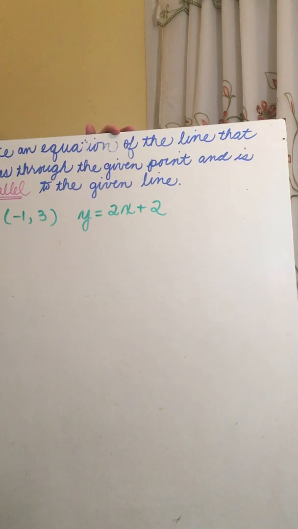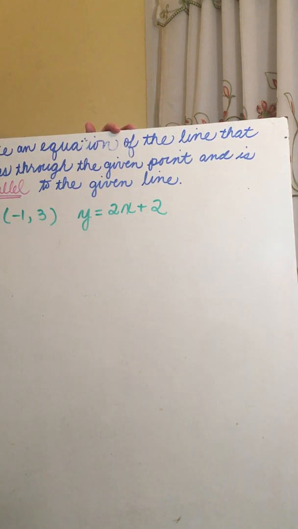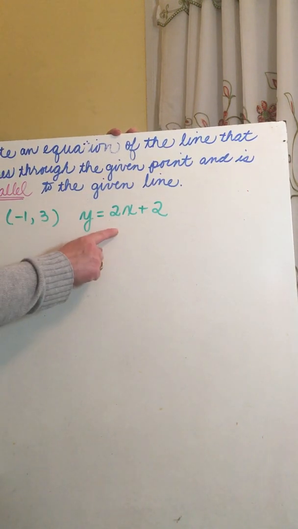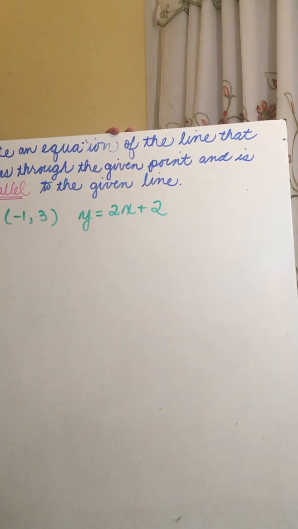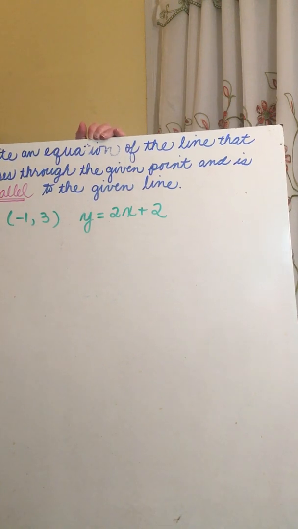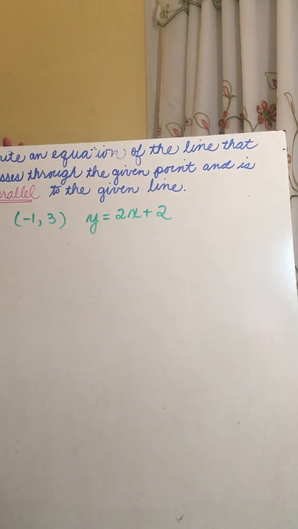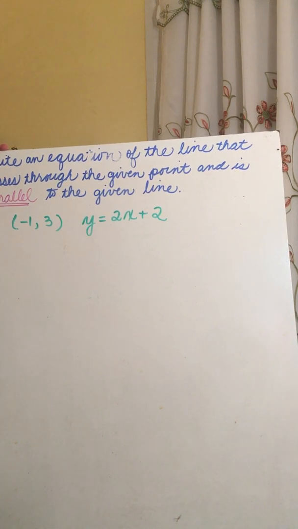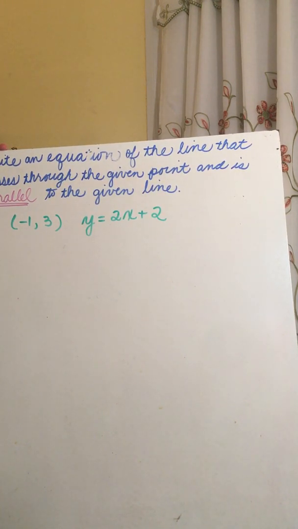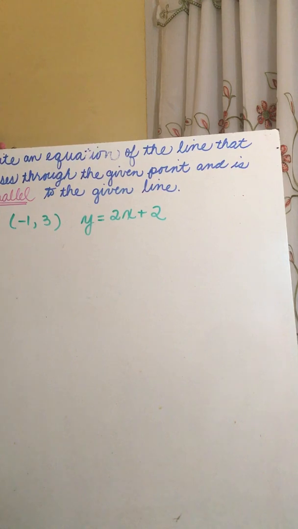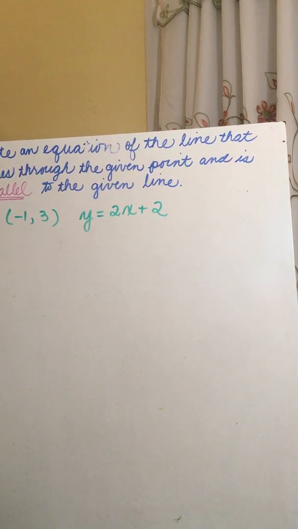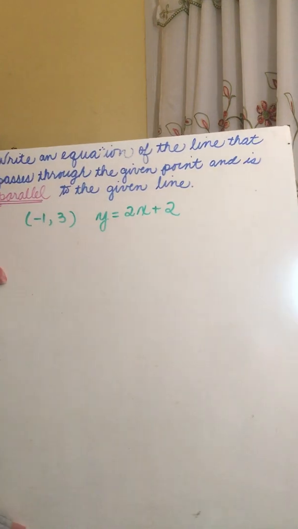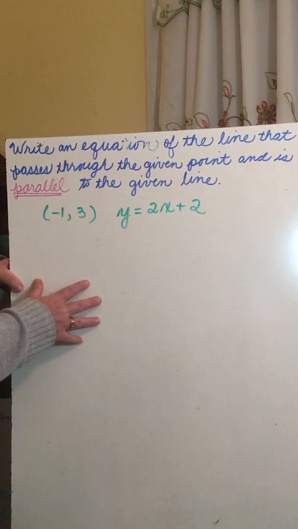So here you're going to write an equation of the line that passes through this given point and is parallel to this given line. Now, you know already from when we were writing linear equations in slope-intercept form that we need two things in order to write an equation. We need to know a slope and we need to know a point that's on that line. And we're going to be following the same exact steps.